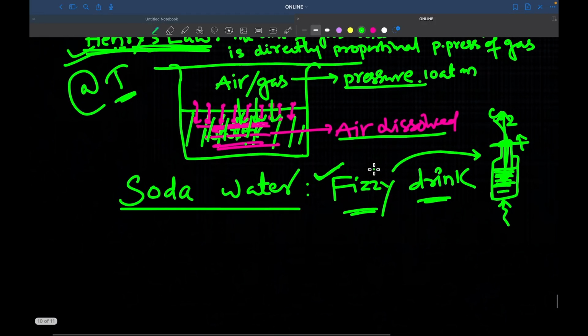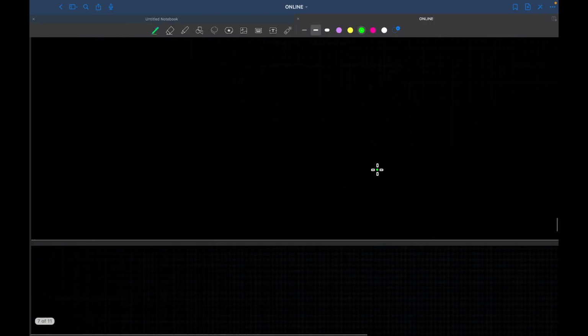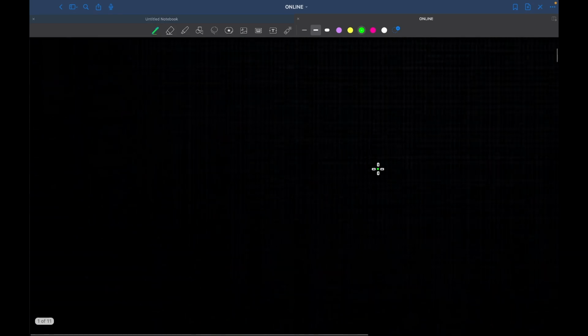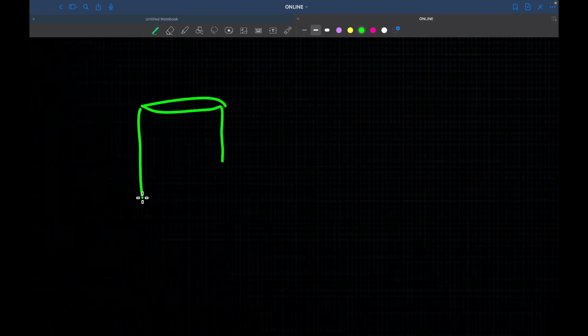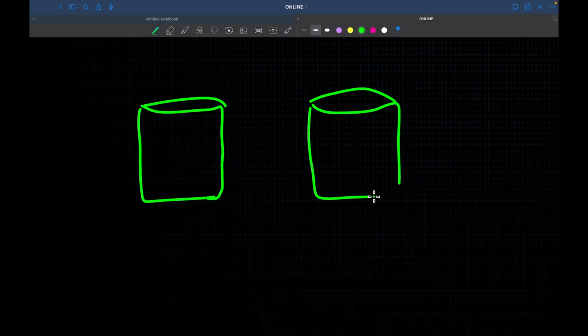We'll take one example here. Wait a minute. Right. So I'll take three containers here. This is one container, this is another container, and this is the third container.